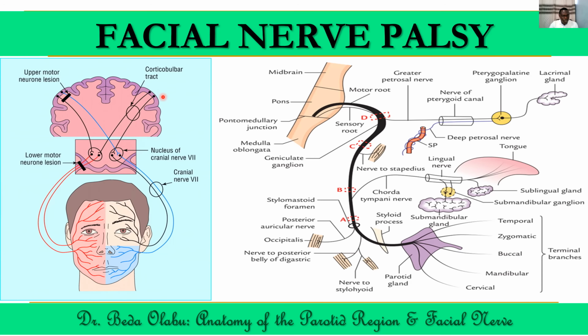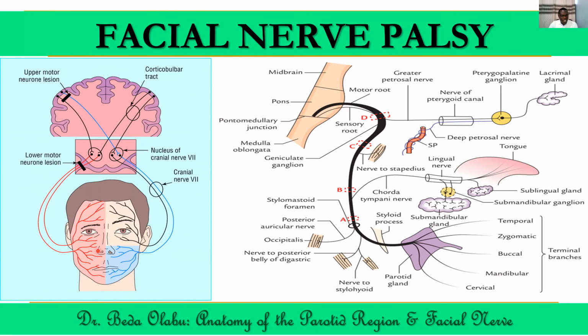So for example, if you look at the muscles on this upper side, the neurons which go to the muscles of the upper part receive from both sides. They receive bilateral projection from the corticobulbar tract.